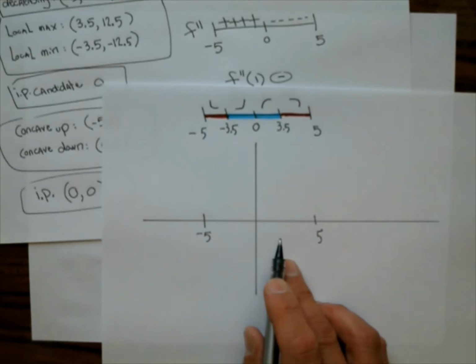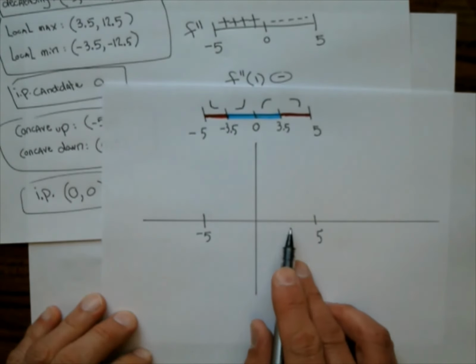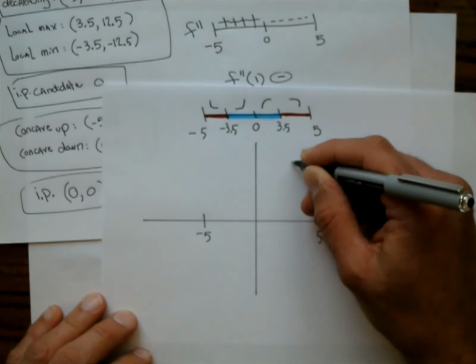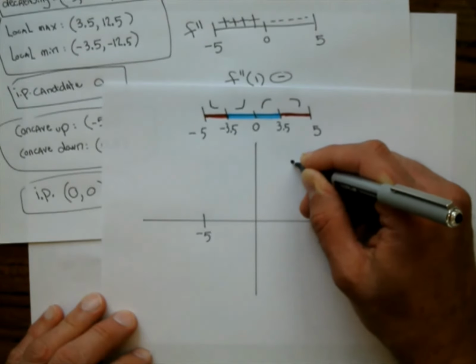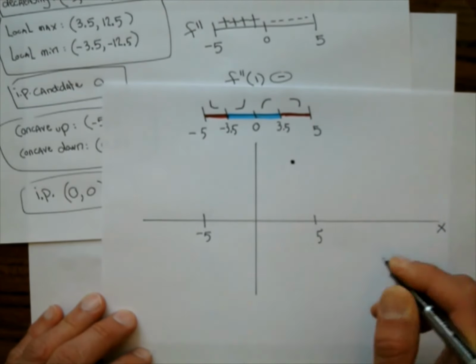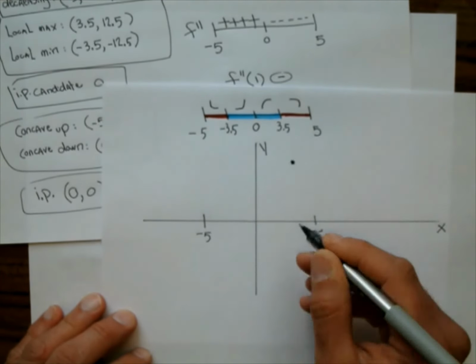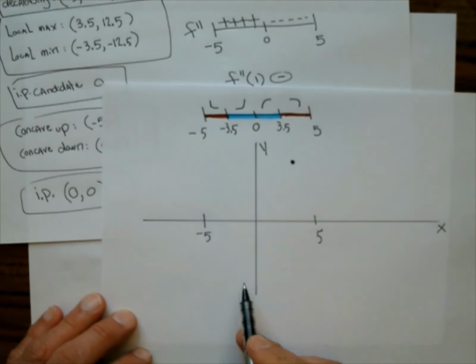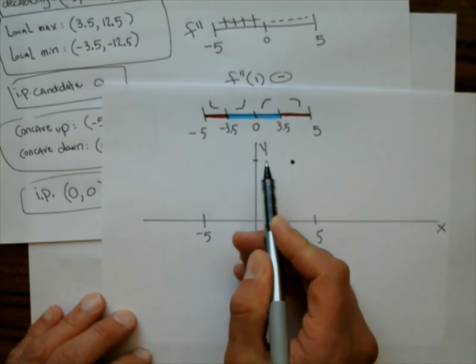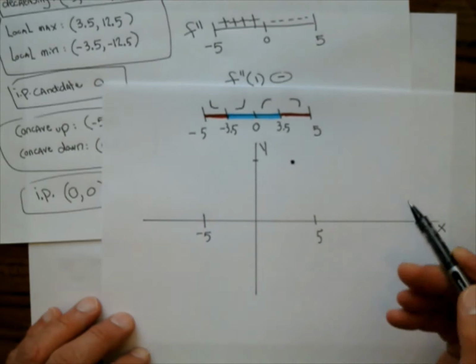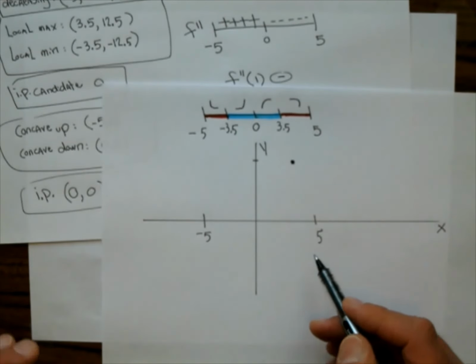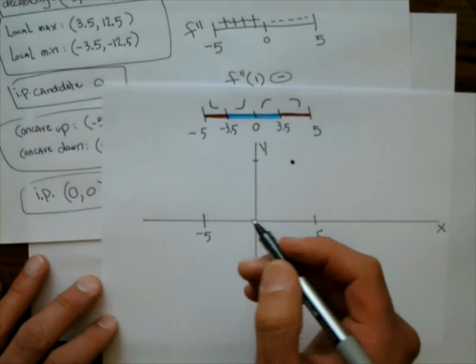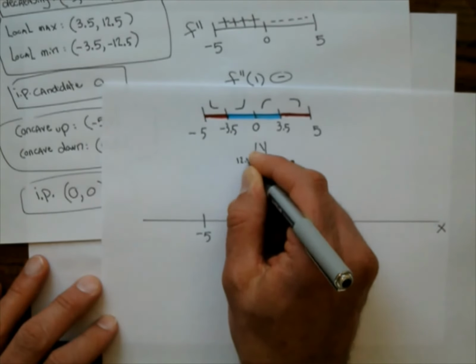So let's just put it right here. My scaling on my y-axis is different than the scaling on the x-axis. I just didn't have enough room here. So this is 12.5 on the y-axis.